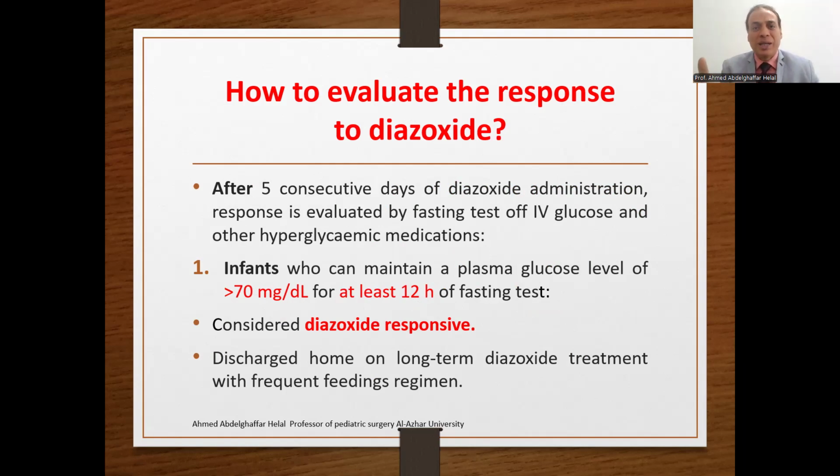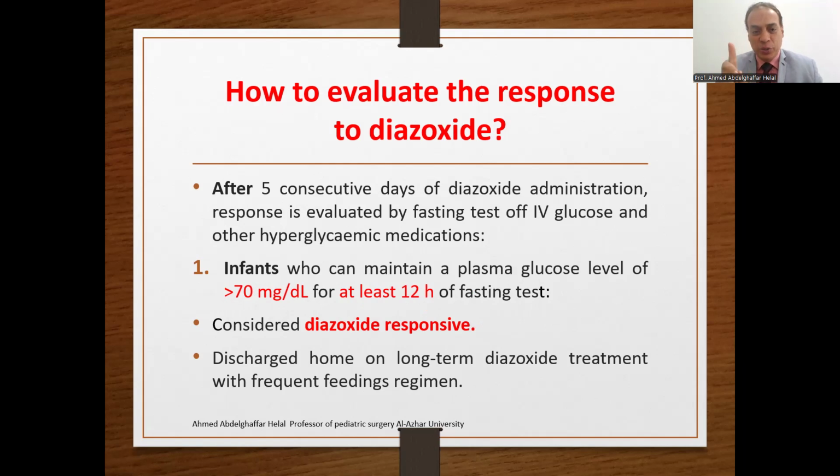We follow the infant who can maintain a fasting plasma glucose level of more than 70 milligram per deciliter for at least 12 hours of the fasting test. Consider diazoxide responsive and discharge home on long-term diazoxide treatment with a frequent feeding regimen.